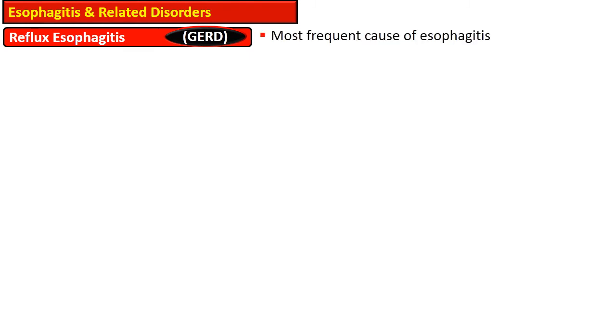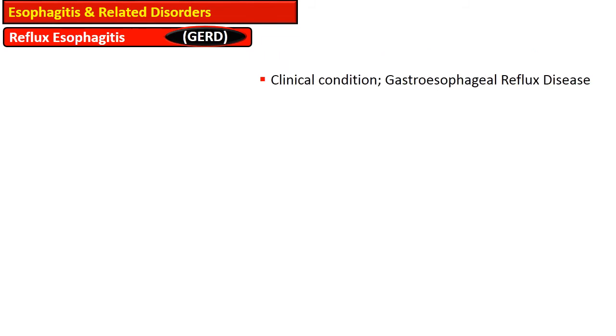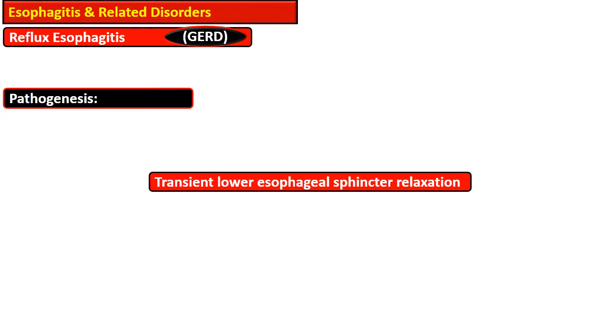Reflux esophagitis is the most frequent cause of esophagitis, and it is the most common outpatient gastrointestinal diagnosis in the United States. The clinical condition is termed gastroesophageal reflux disease. Transient lower esophageal sphincter relaxation is linked with the pathogenesis of this condition, and it is secondary to gastric distension. This distension activates the vagal pathway, and through activation of the vagal pathways there is transient lower esophageal sphincter relaxation.